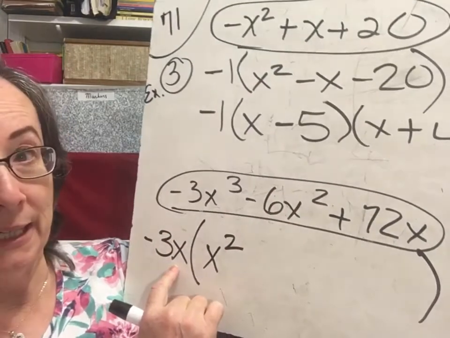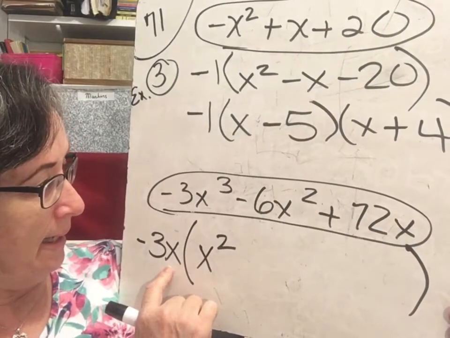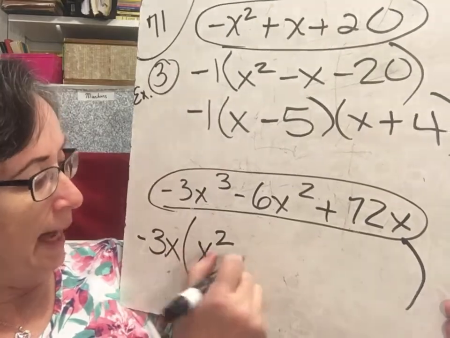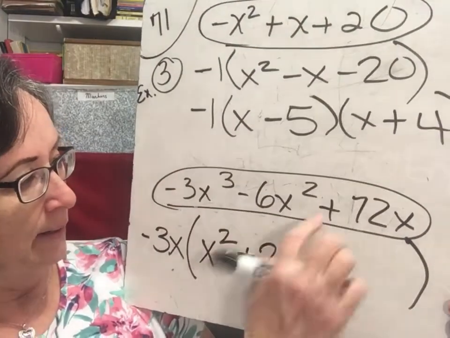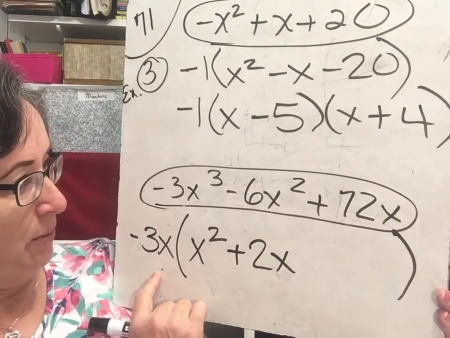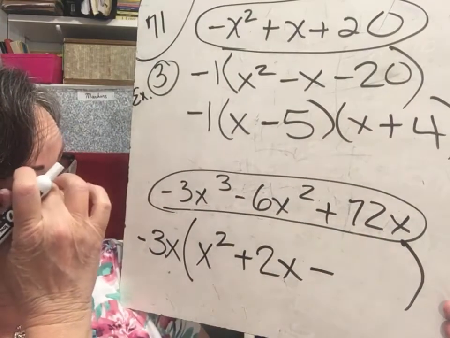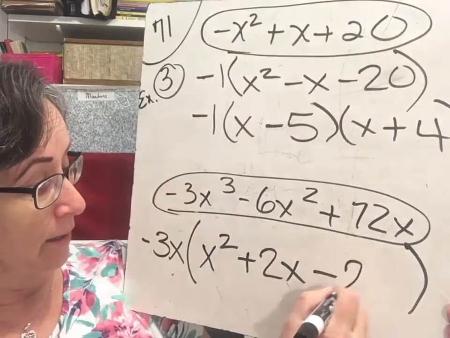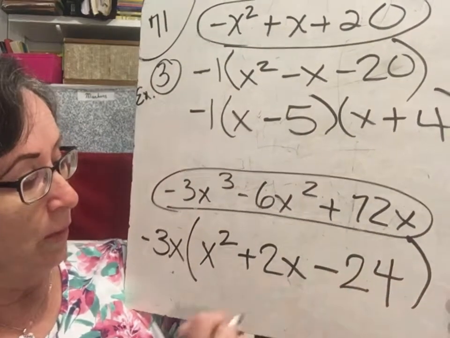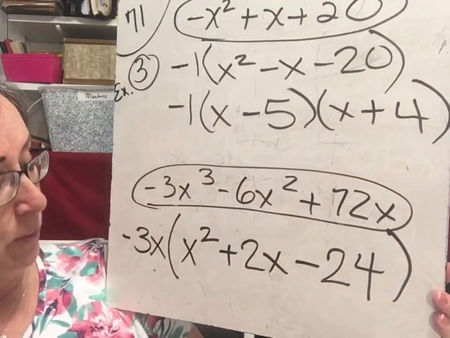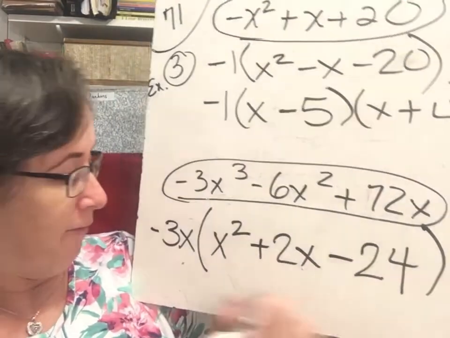This one divided by negative 3x is 2x. This one divided by negative 3x is a negative, and 72 divided by 3 is going to go 24 times, negative 24 times. So now we're going to finish this up.